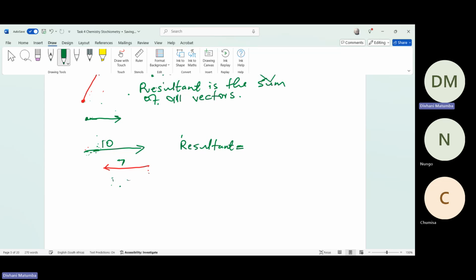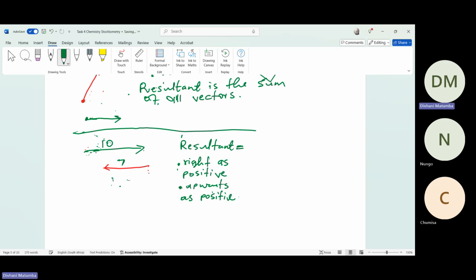In this case, I am going to choose right as positive. And upwards as positive. If I'm considering these two vectors, they are only in one direction, which is a horizontal direction.